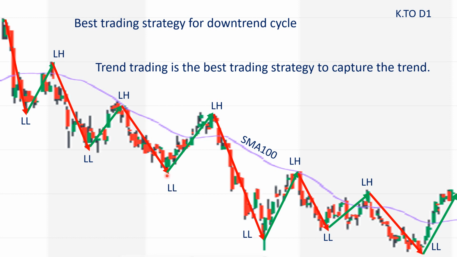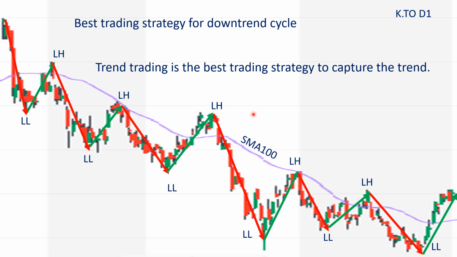And the last one is break of structure. Look at the structure here: it makes a lower swing low, lower swing high, lower swing low, lower swing high. That's how the structure looks. If this structure continues all the way in the downtrend, and suddenly instead of going up and making a lower swing high, it makes a higher swing high, and then the next one is a higher swing low, that is the characteristic of an uptrend.